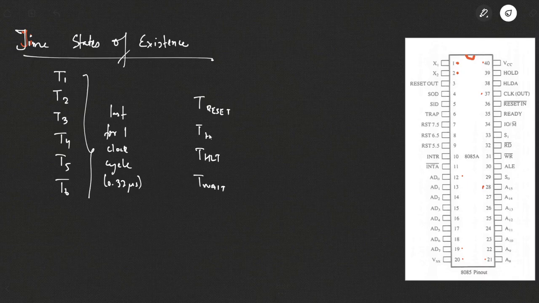The microprocessor can remain in these states for an integral number of clock cycles, so it can be more than one. A microprocessor can remain in this state for more than one clock cycle, that's more than 0.32 microseconds, in integral values of time rather.